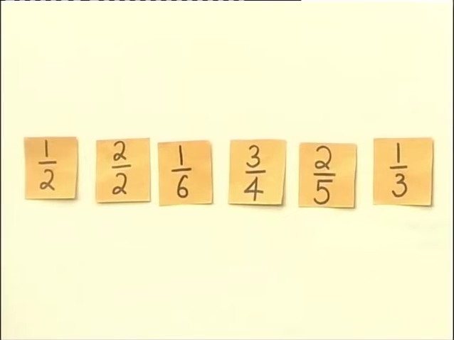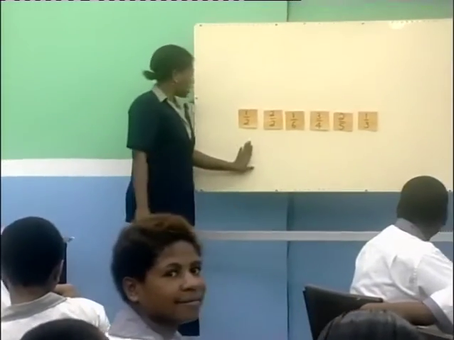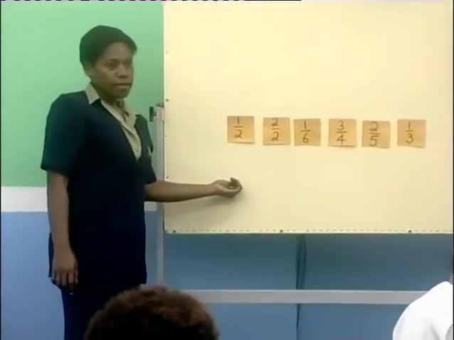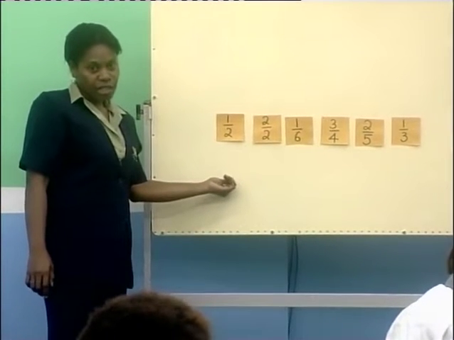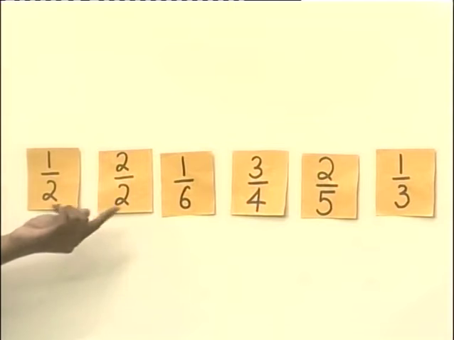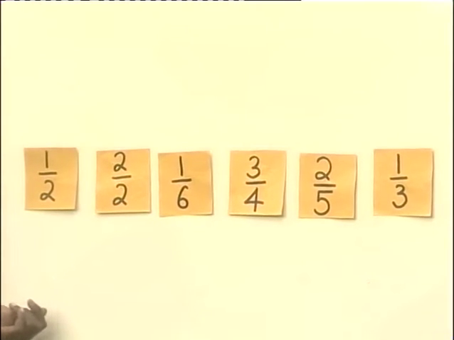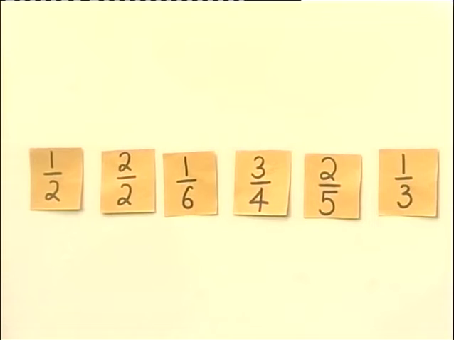Okay, maybe we'll have someone go and put the first fraction, starting with the smallest one first. Now you can rearrange them. Maybe you can start here, starting from the smallest fraction. Who would like to come up to the board and place the smallest, or the least fraction, first? Receiving students? Okay, good.